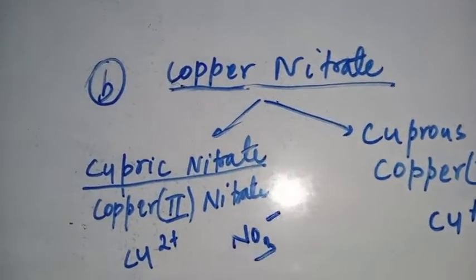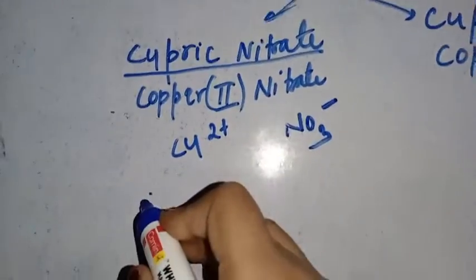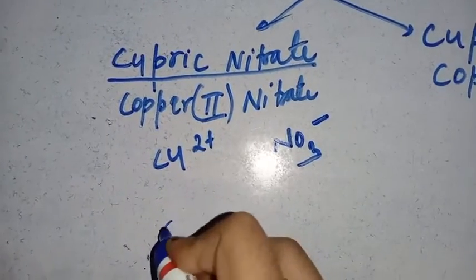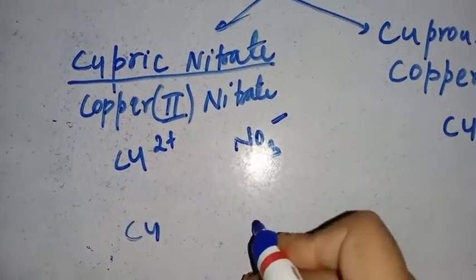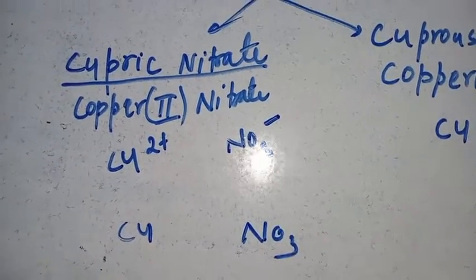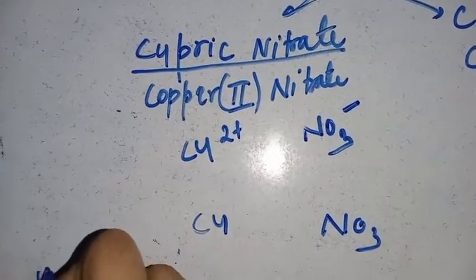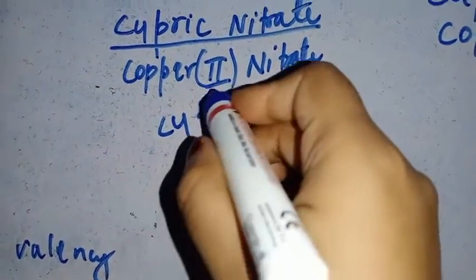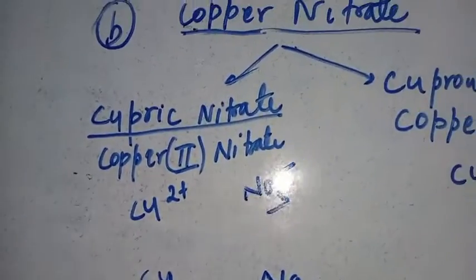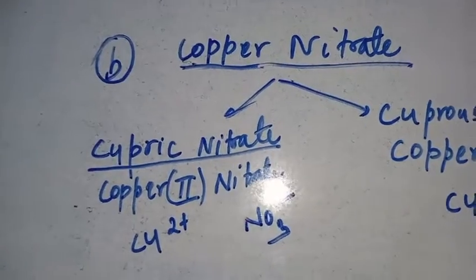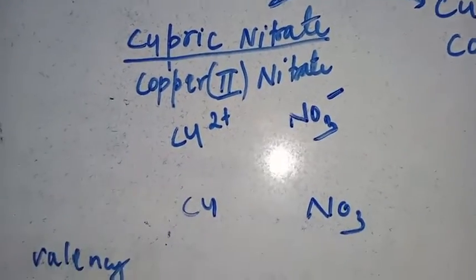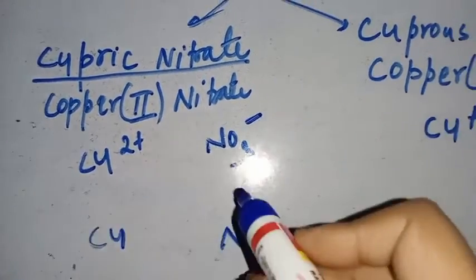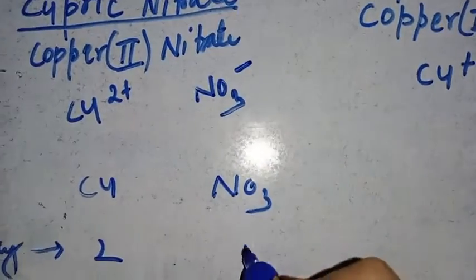So we can just write Cu and NO3, that is nitrate. And if you write the valency, as I told you, in the case of ions, the number of net charge only will be its valency. So number of net charge on copper is 2, and number of net charge on nitrate is 1, that is -1 charge, so 1.